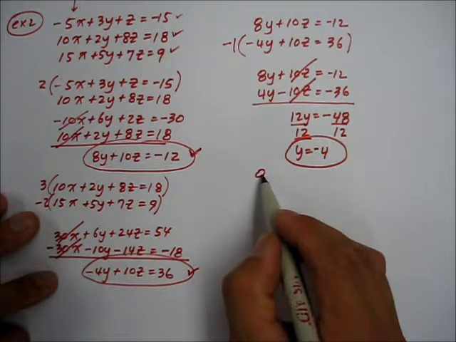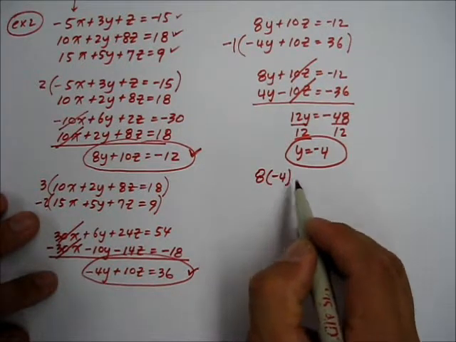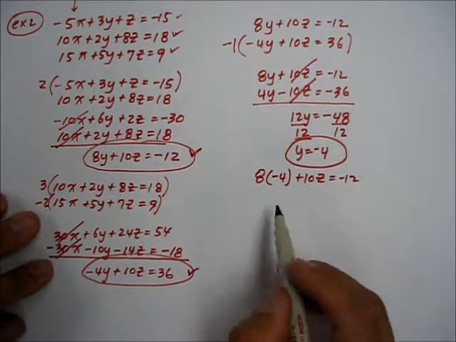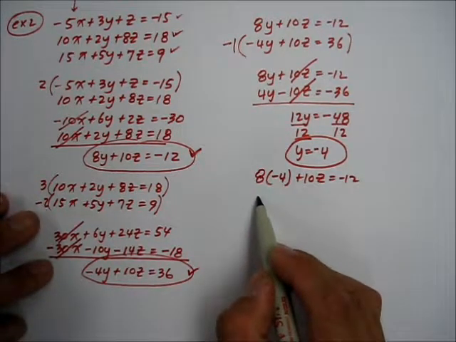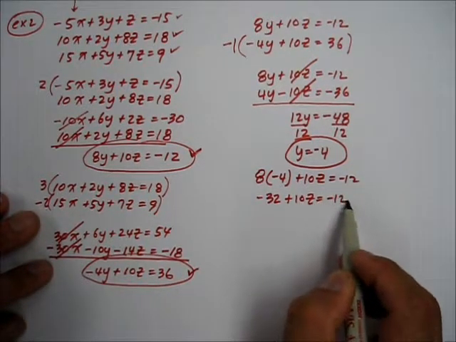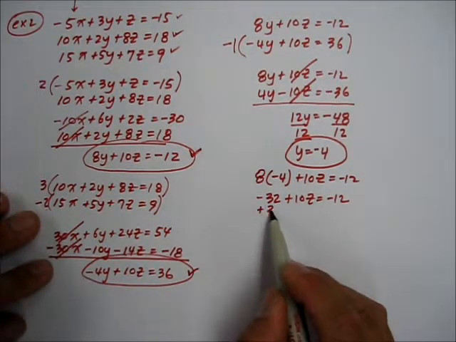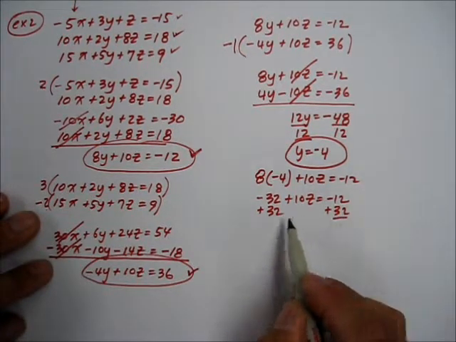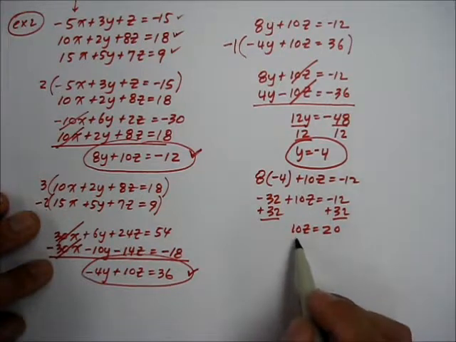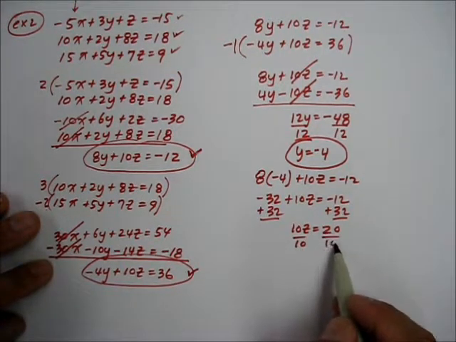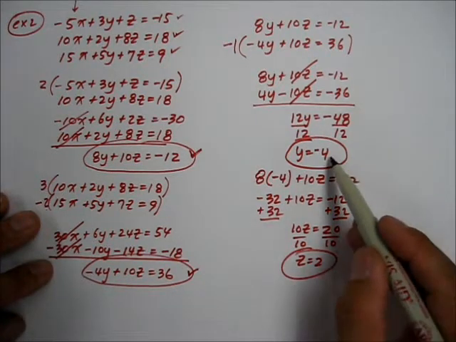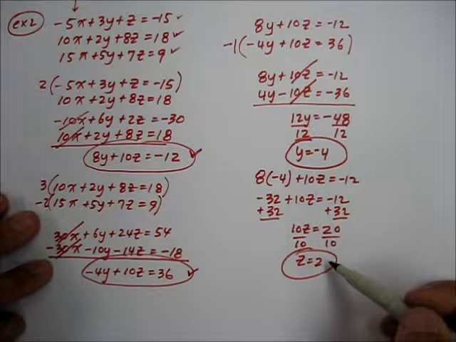So it becomes 8 times negative 4 plus 10z is equal to negative 12. 8 times negative 4 is negative 32, plus 10z is equal to negative 12. Add 32 to both sides of the equation. So you get 10z is equal to 20. Divide the coefficient 10 to both sides. So z is equal to 2. I have my y, I have my z. All I need is the x.